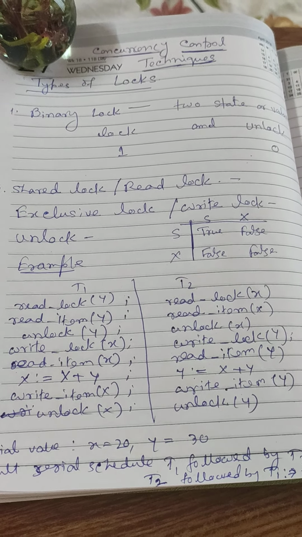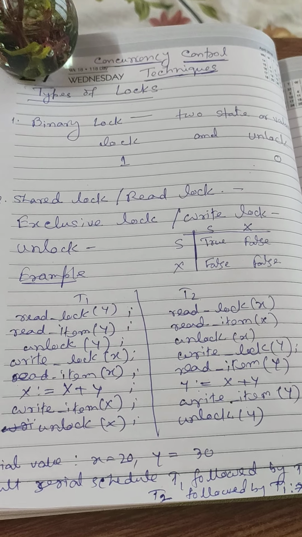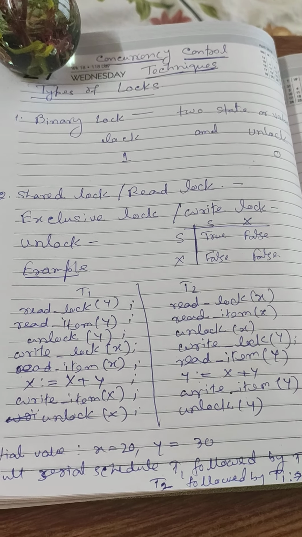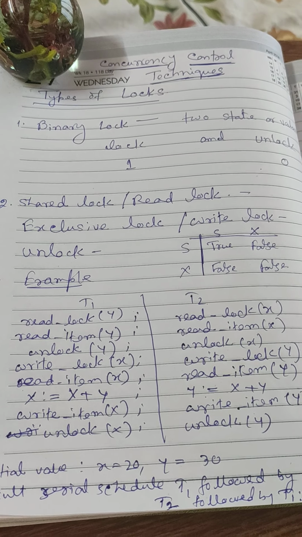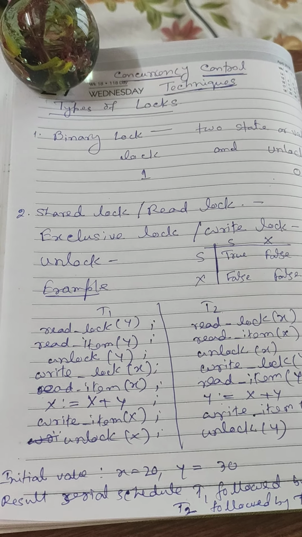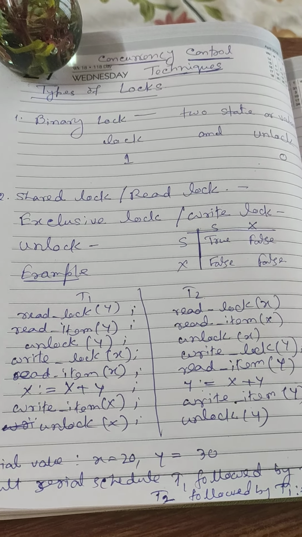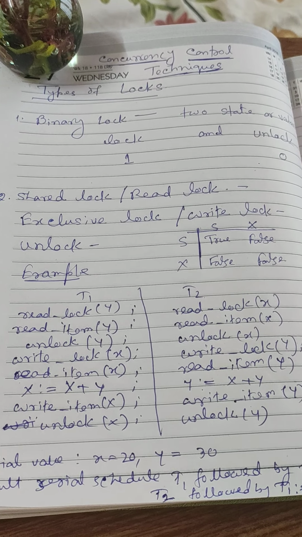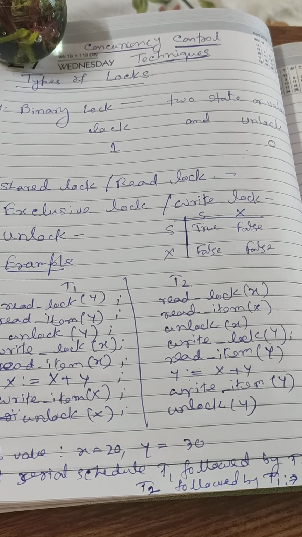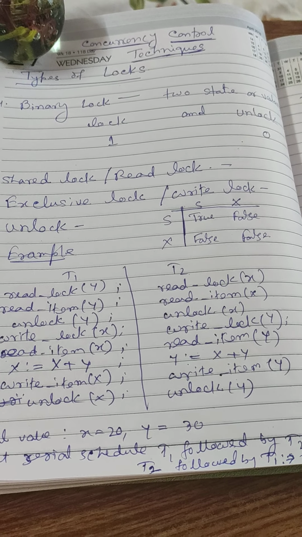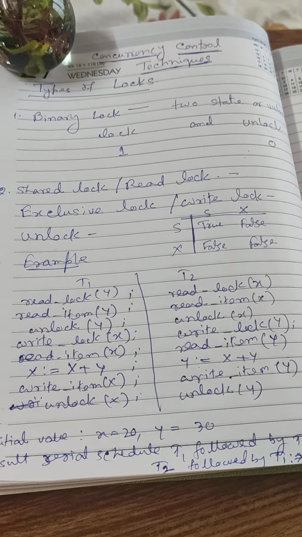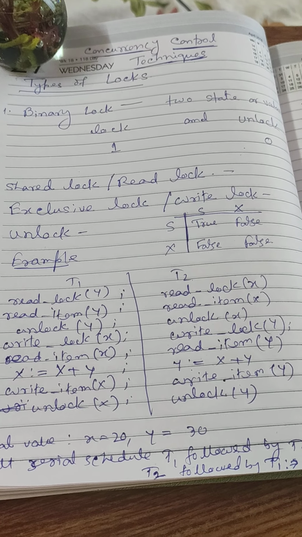Now we come to exclusive lock. What is exclusive lock? If a transaction is to write an item X, it must have exclusive access to X. For that reason, a different type of lock is allowed here.